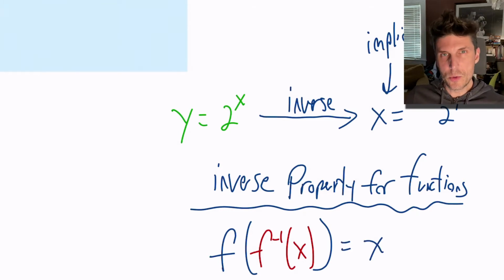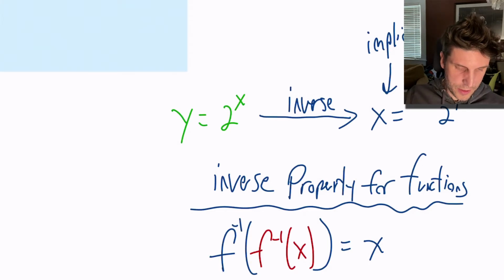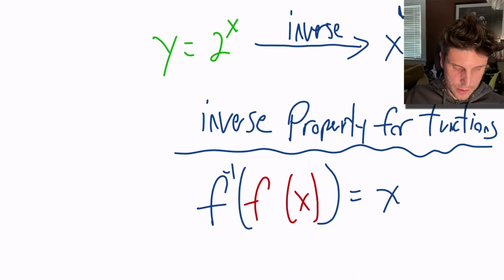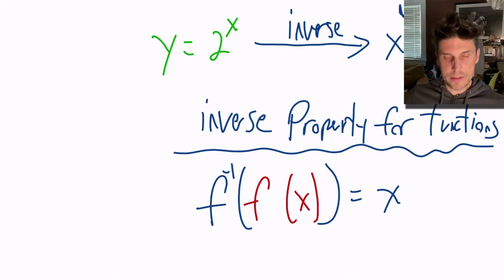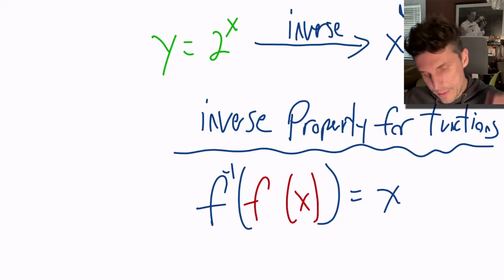So when you apply an inverse to a function, it just leaves you with x. And vice versa too. If I did f inverse of f of x, the inverse property should apply as well, for all the values that are in the domain. Okay, so that would be that.